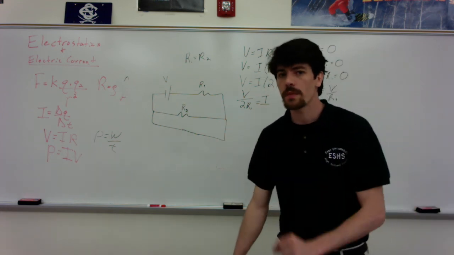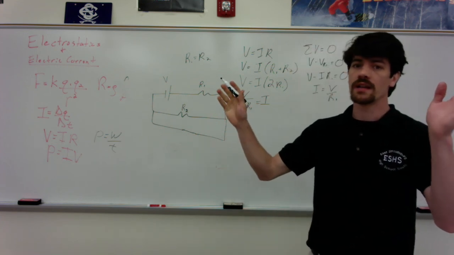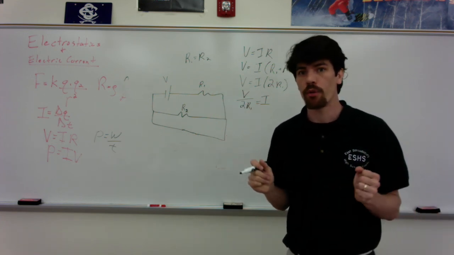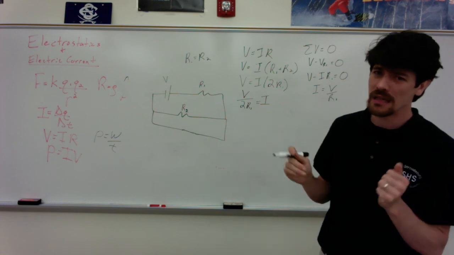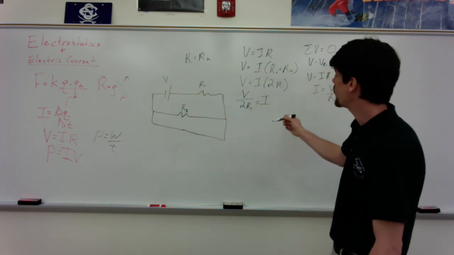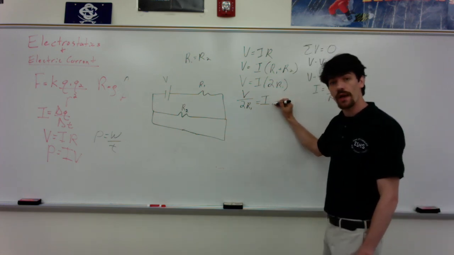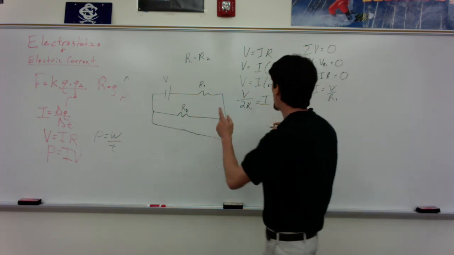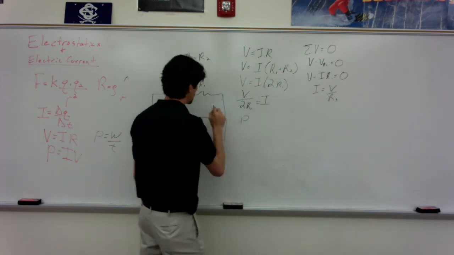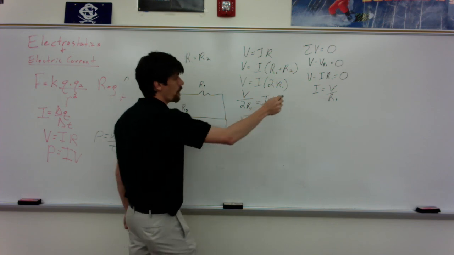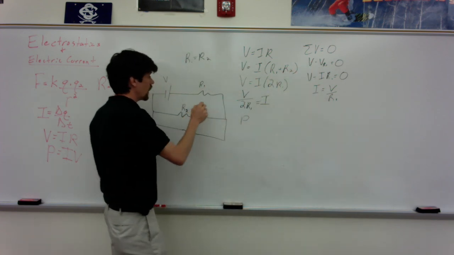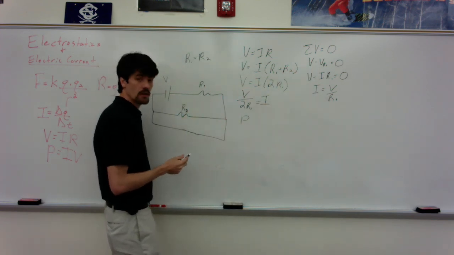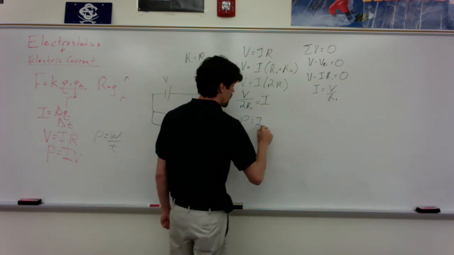Now, you could also be asked what the power output is on these things. And you say, oh man, that sounds really difficult. Well, if I know that current, and I was trying to find the power output in R1 in this case, or the power output on R1 in that case, well, power is equal to current times voltage.